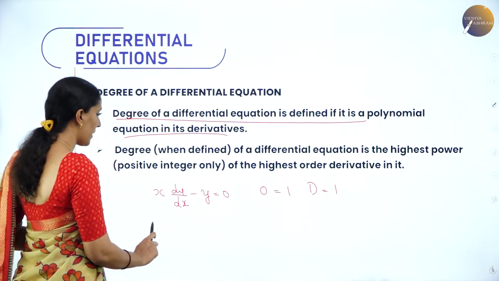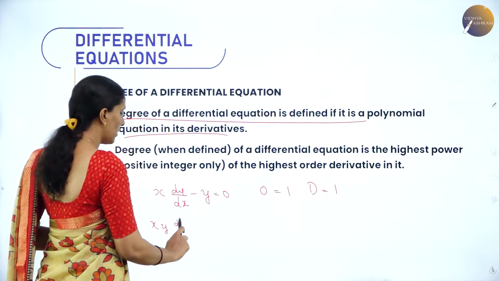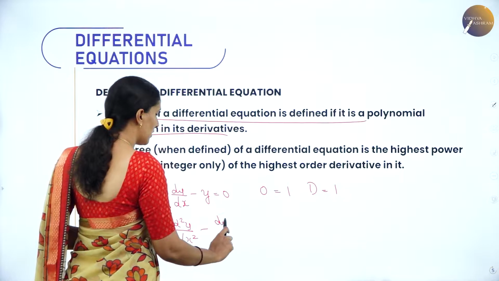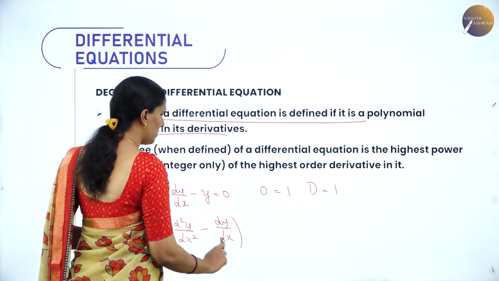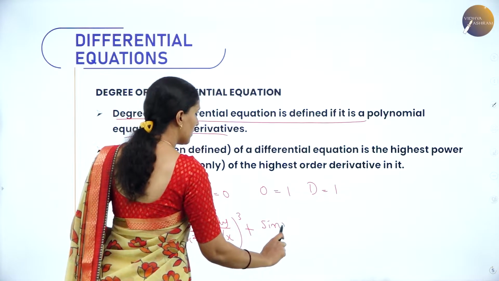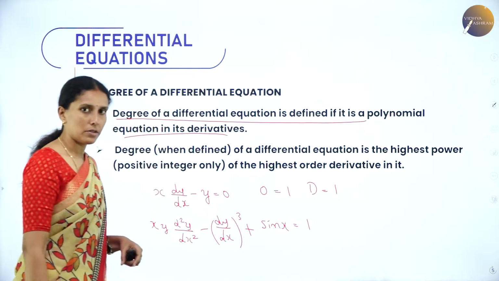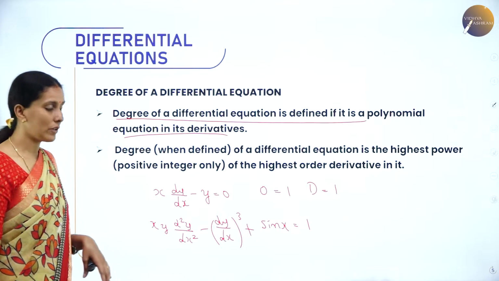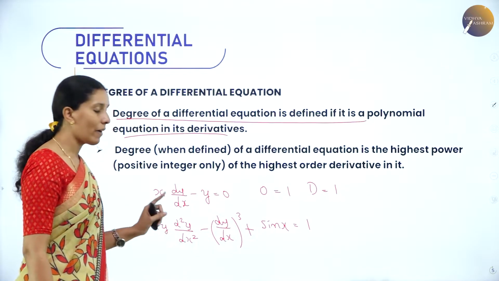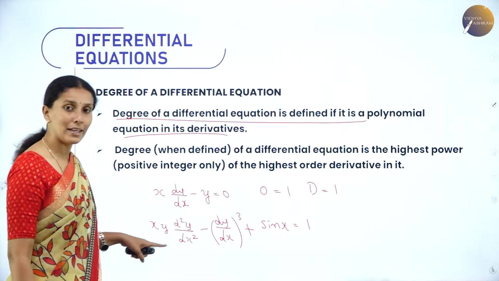Suppose I say xy d²y/dx² minus (dy/dx)³ plus sin x is equal to 1, some 1. Take any example of this differential equation. We have dy/dx also, we have d²y/dx² also, but which is the highest order?